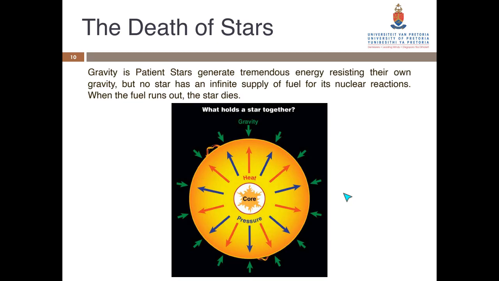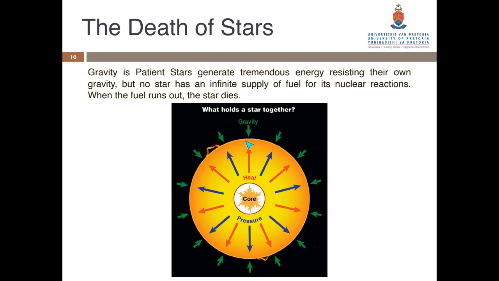So gravity is patient, and stars generate tremendous energy resisting their own gravity. But no star has an infinite supply of fuel for its nuclear reactions. So when the fuel runs out, the stars die. When it's fusing energy, we have gravity pulling the outer layers downward, and then we have the pressure pushing that upward.